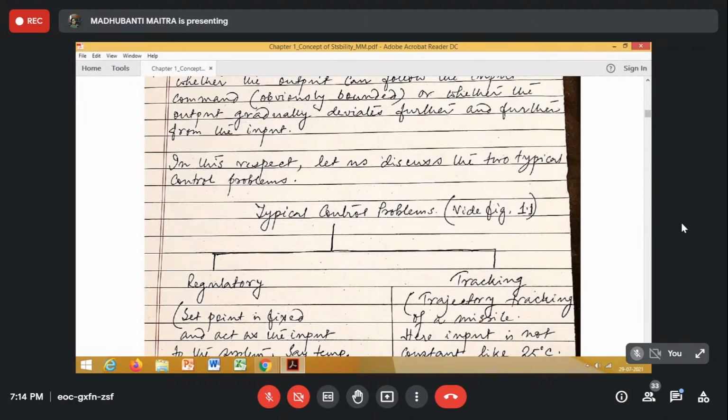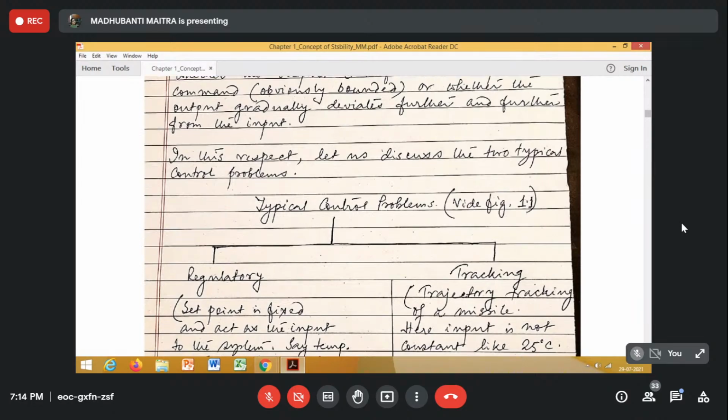That means the system should be able to generate a flight path which will be in accordance with the pre-specified flight path. Clear?